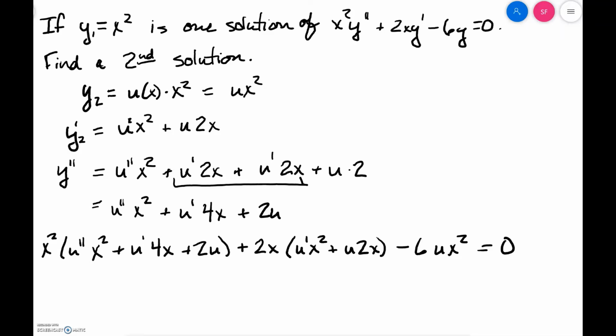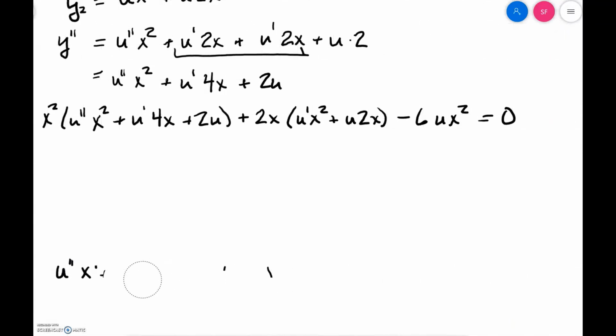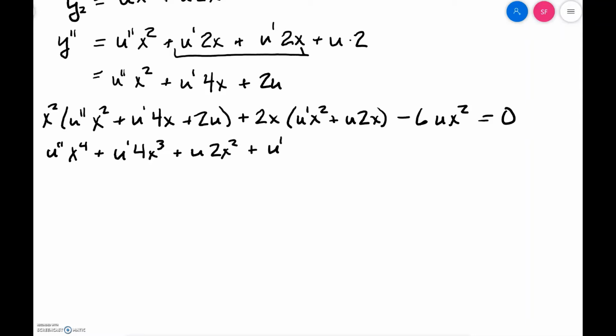Okay, let's see if we can simplify it. What happens when we simplify that down a little bit? u double prime x to the fourth plus u prime 4x to the third plus u 2x squared plus u prime 2x to the third plus u 4x squared minus 6u x squared, or let's keep everything in the same form, u 6x squared.